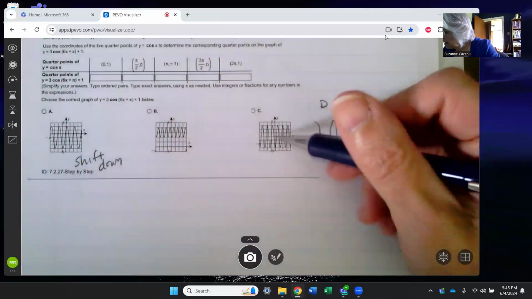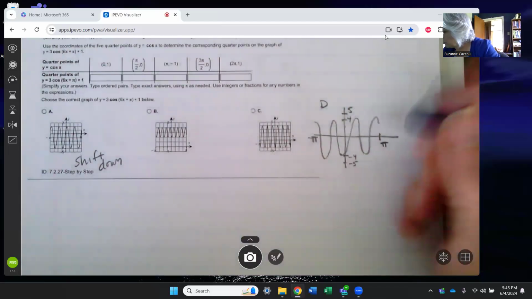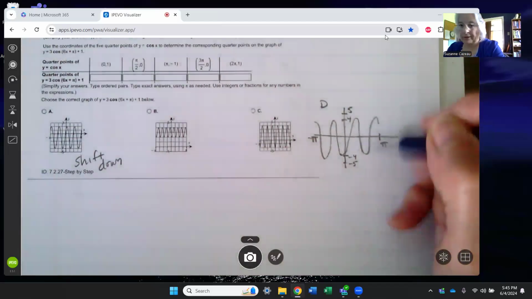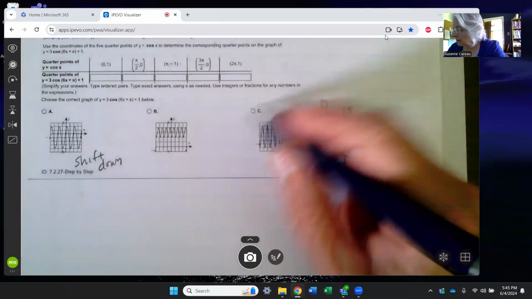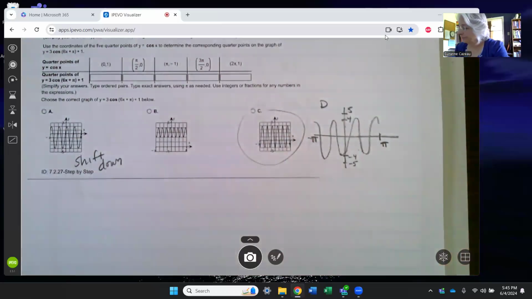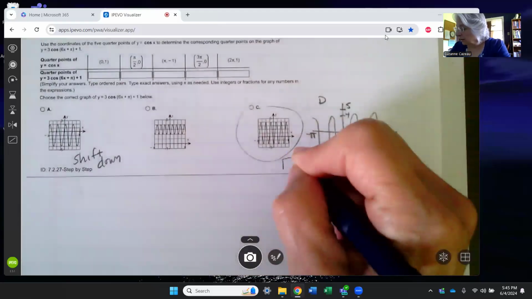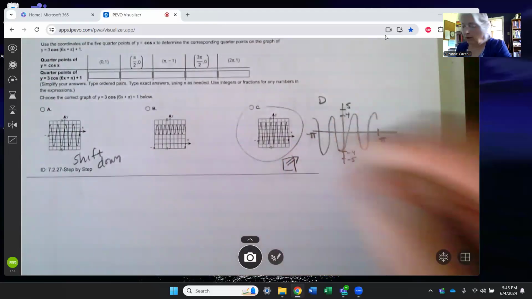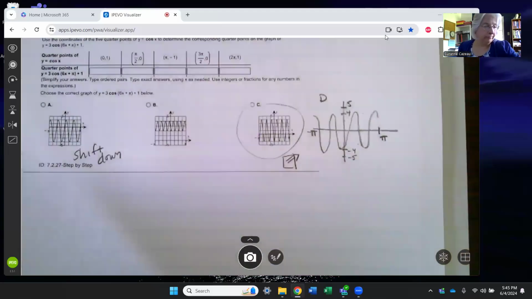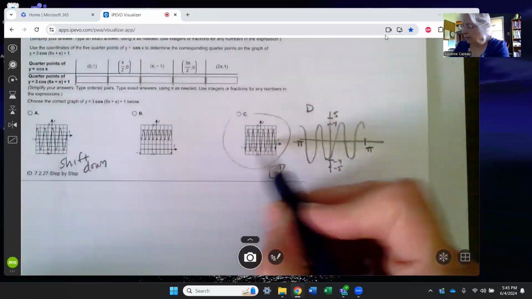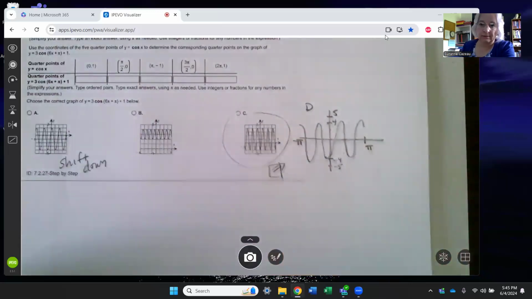This one is down a little bit. This one looks right. This one here is not shifted up or down at all. So C is the answer. And you can click on this one with the arrow to get a better look. But it's the only one that dips down a little bit below the y-axis.